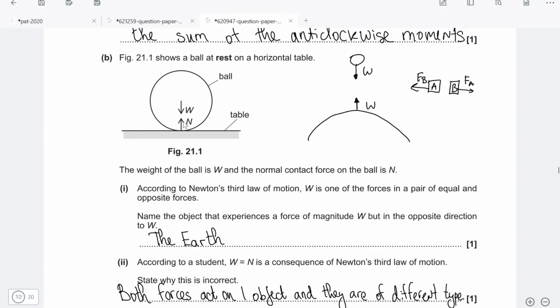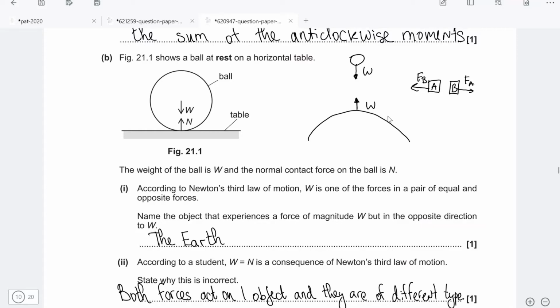Furthermore, those two forces, W and N, are of a different type. Newton's third law says that the two forces that are a consequence of Newton's third law have to be identical in type.